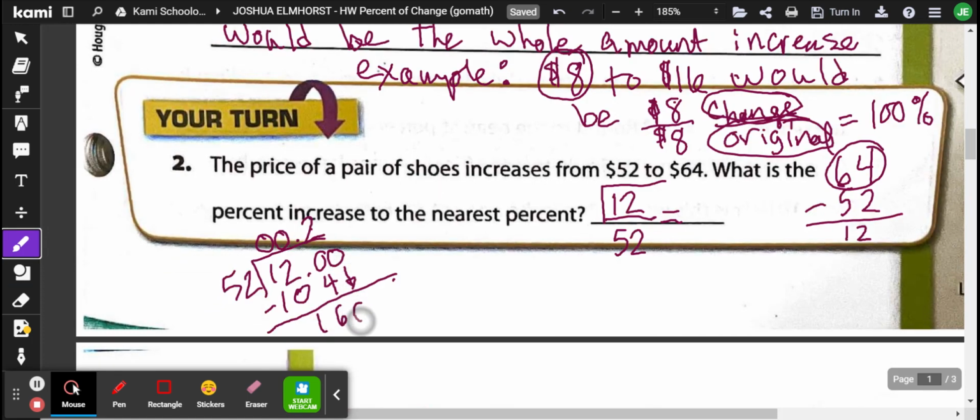Bring the 0 down. And 52 is going to go in there, let's see, 3. 3 times 52 is going to be 156. So we can change that to a percent. That is going to be a change of 23%.